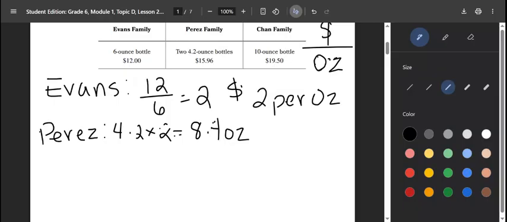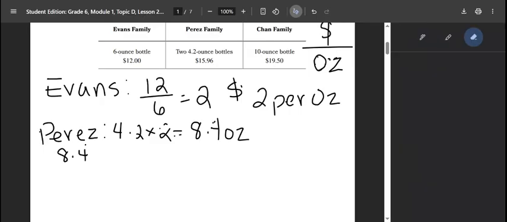So for the Perez family, we're going to do 8.4 divided by, oops, said that wrong. I'm doing ounces over money. It's money over ounces. Erase.